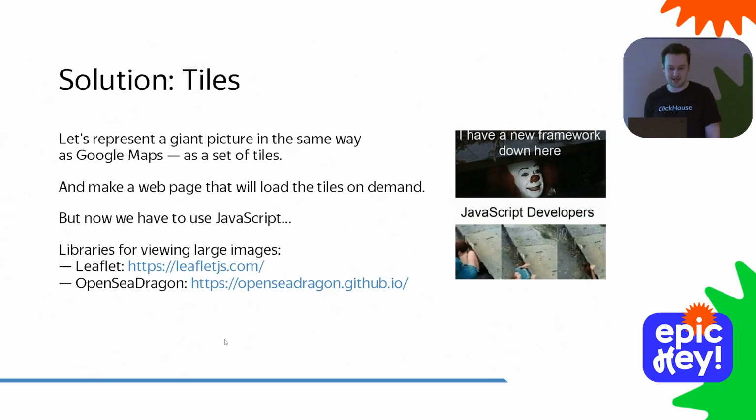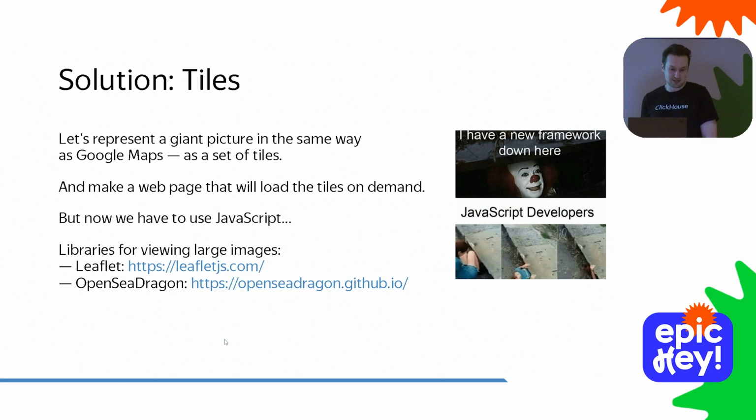So what to do? I want this picture easily zoomable and so on. I will generate files. I want to do something similar to Google Maps, where you can zoom and move interactively. So now I have to write some code in JavaScript. I don't like JavaScript, but sometimes I have to use it. So I went searching for what library to use.